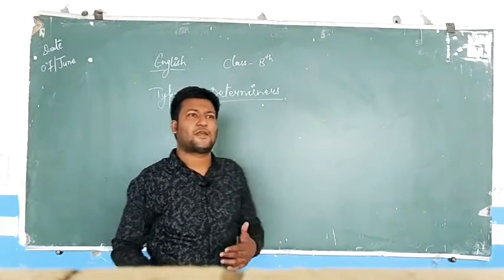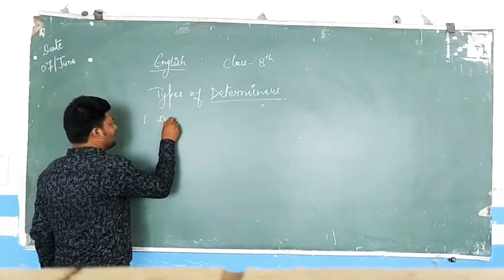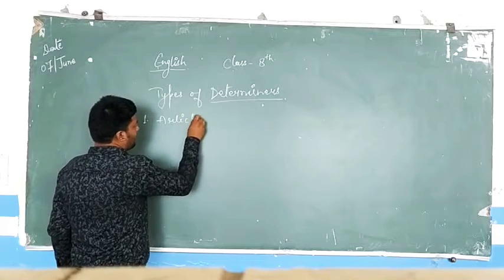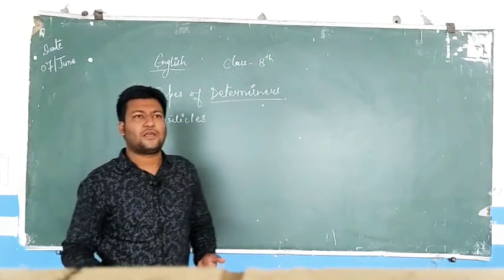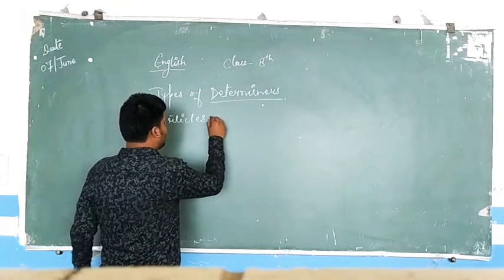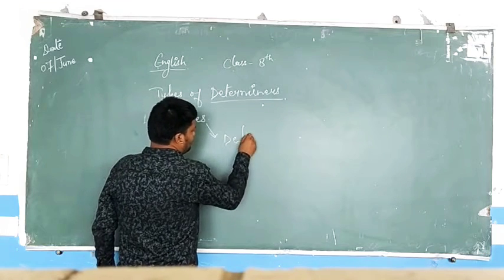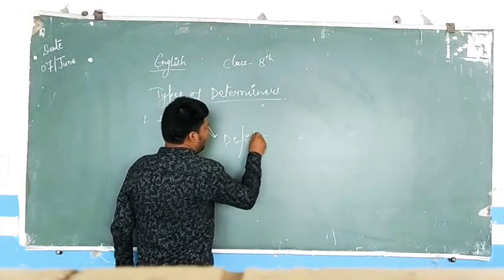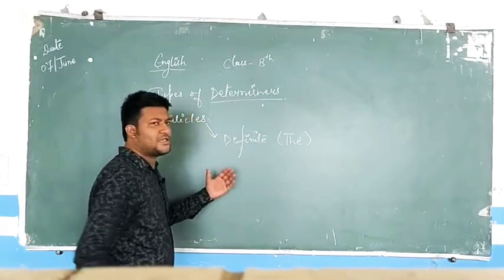The very first one is articles. Articles are a very small topic but very important for English language, because there are two kinds of articles basically. One is definite, which you very well know as the word the.